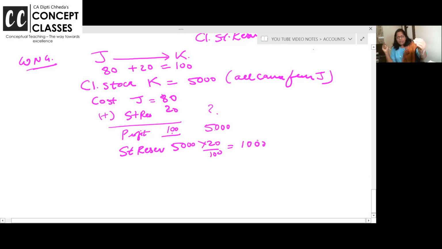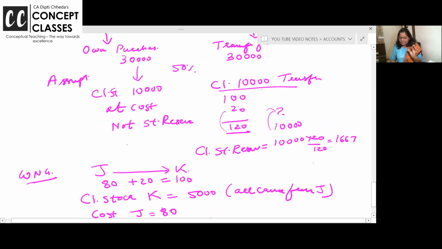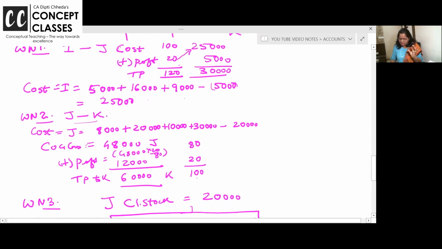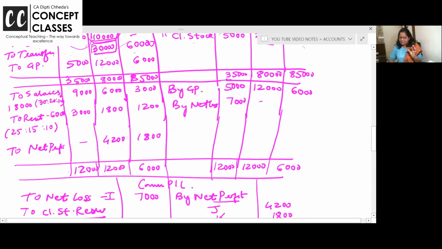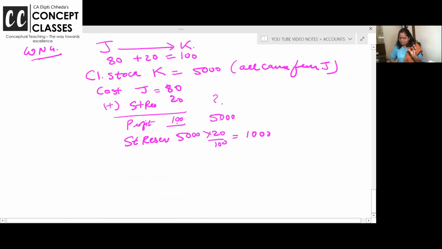In 100 of stock with K, 20 is the profit. Profit is 20 on the transfer price. So in the 5,000 stock lying in K, this goes down. See, J is saying to K, listen. J is saying to K: at what value did J transfer goods to K? 60,000. Here are the 60.